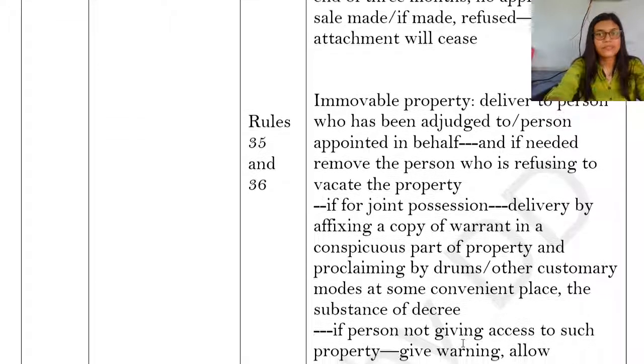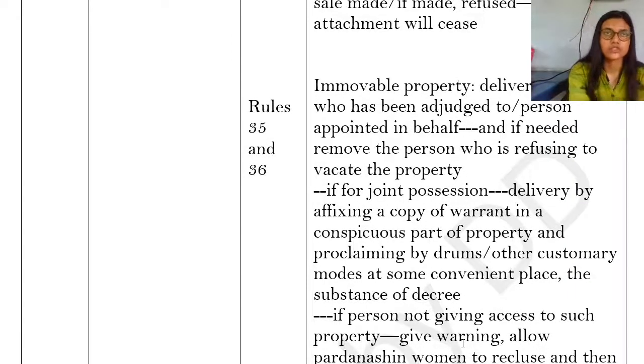Now in a similar manner, we'll see immovable property. Here also delivery is one of the modes in respect of immovable property. However, actual or constructive delivery will also do. In the process of delivery, if a certain person is refusing to vacate that property, you can also remove that person. Now, if the property is in joint possession, how will you give effect to delivery?